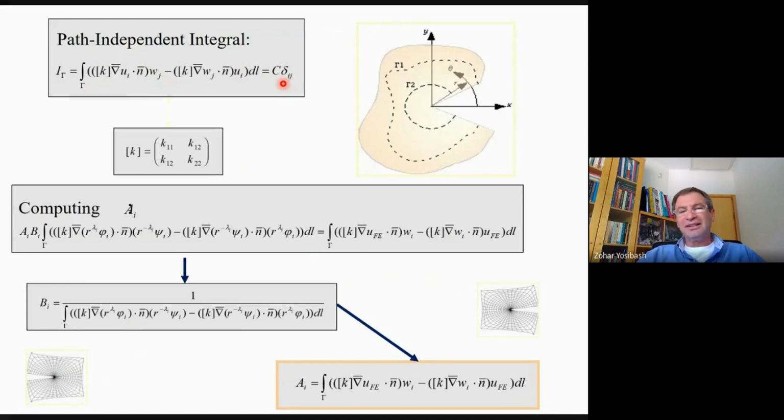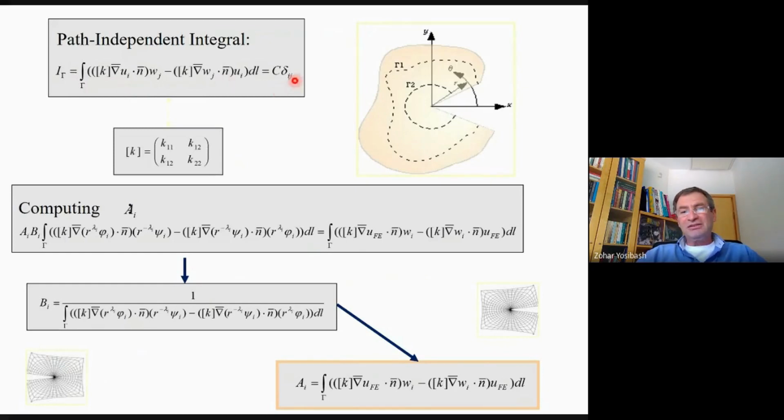This is what delta ij stands for. Now, as we said, U is an infinite series. So if I plug in here not only one of the eigenpairs, but the entire solution U, I will have an infinite number of eigenpairs.